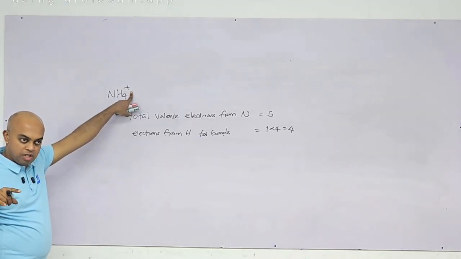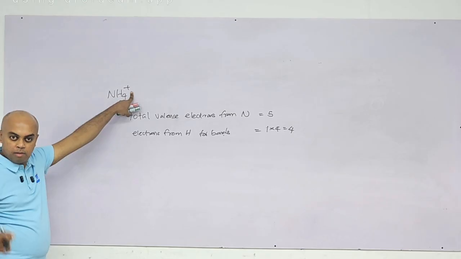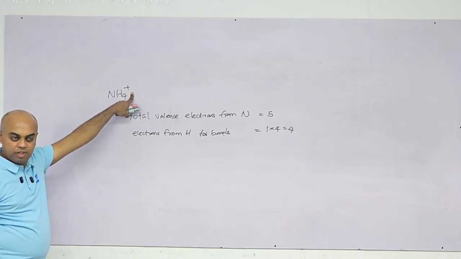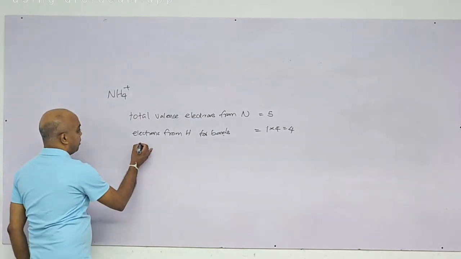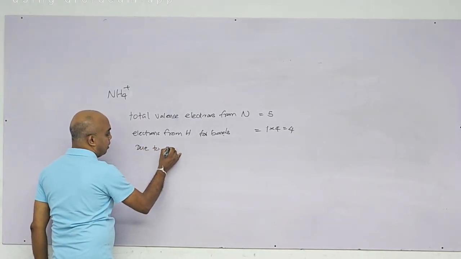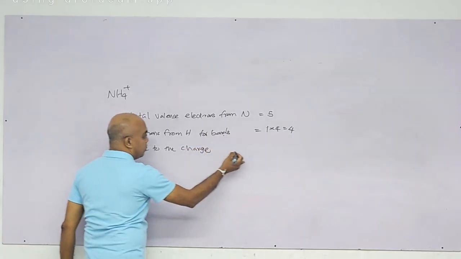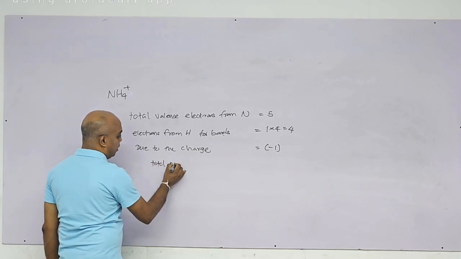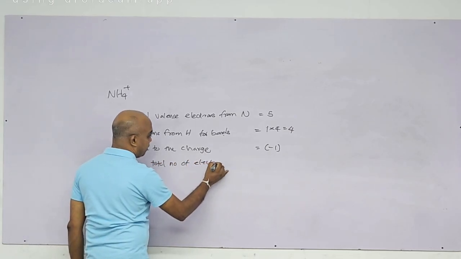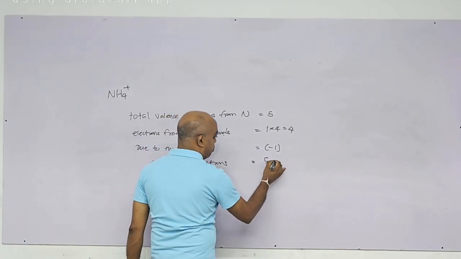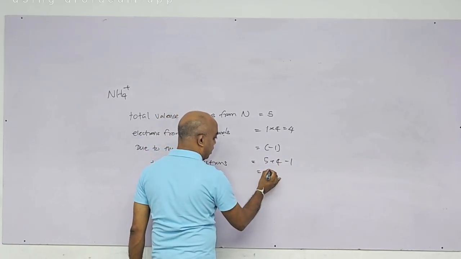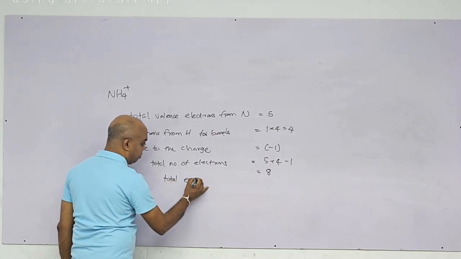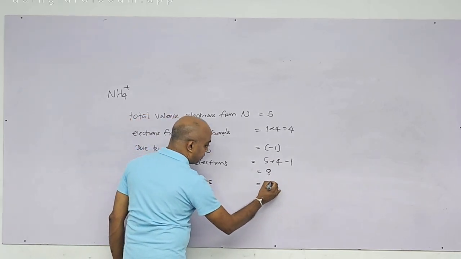If it is a positive charge it will lose 1 electron, or the number of electrons, and if it is a negative charge it will gain electrons. Same thing that we have done for Lewis structures, right? Due to the charge, since this is a positive one, that is minus 1. Total number of electrons: 5 plus 4 minus 1 that is 8. Total electron pairs: 4.